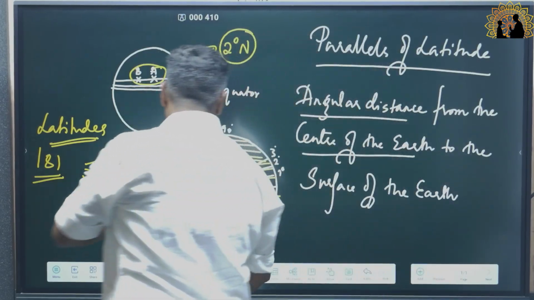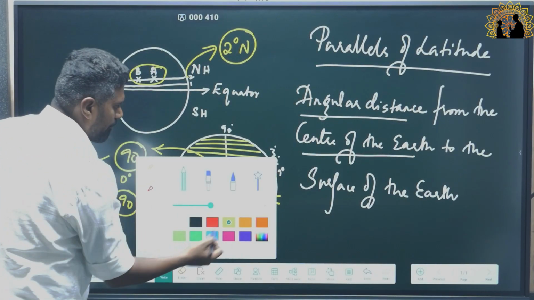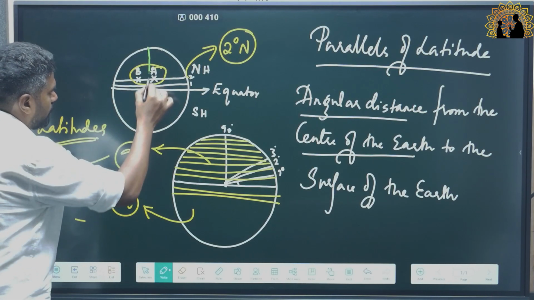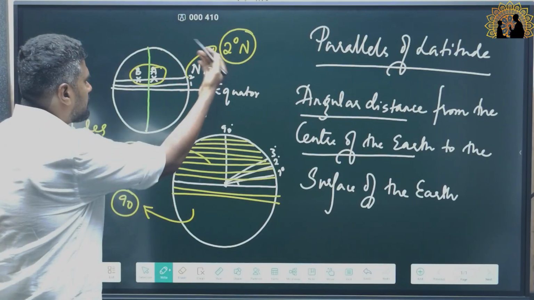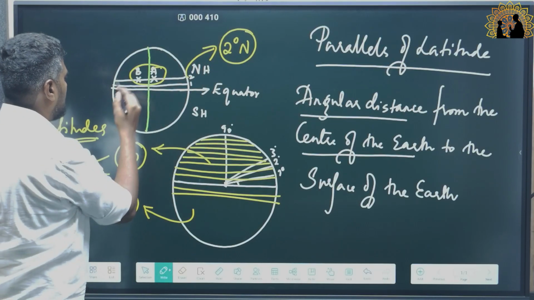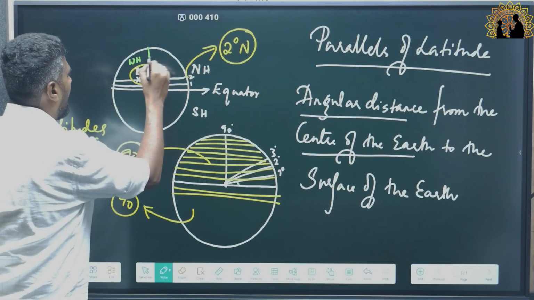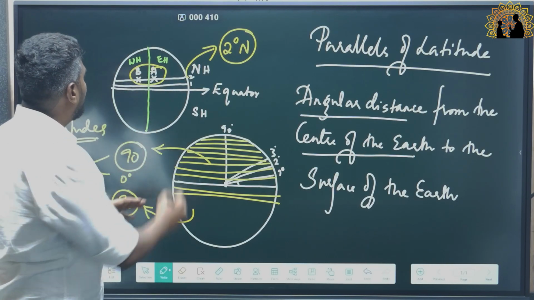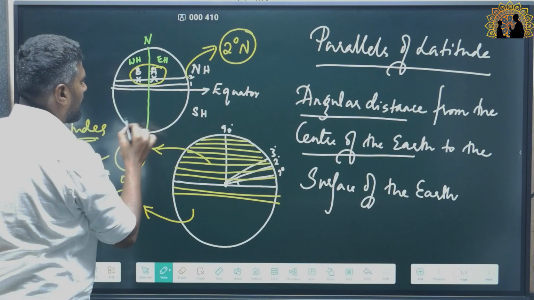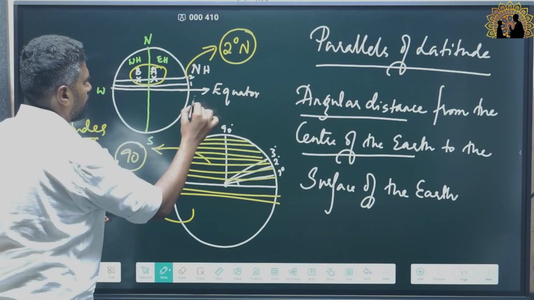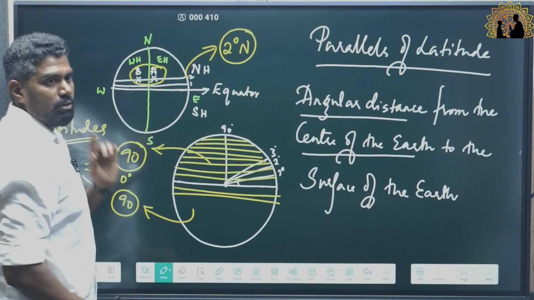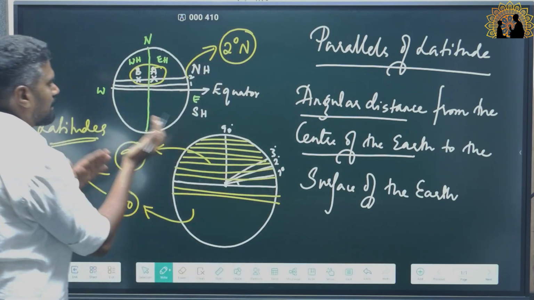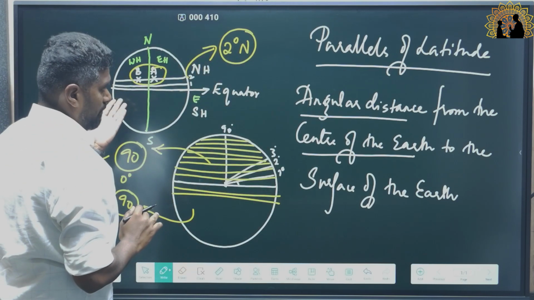Now we are doing it in a different fashion, dividing the earth into two hemispheres, not northern and southern, but western hemisphere and eastern hemisphere. Earlier the lines we drew ran from west to east; now we are drawing lines from north to south, dividing the earth into the eastern and western hemispheres.